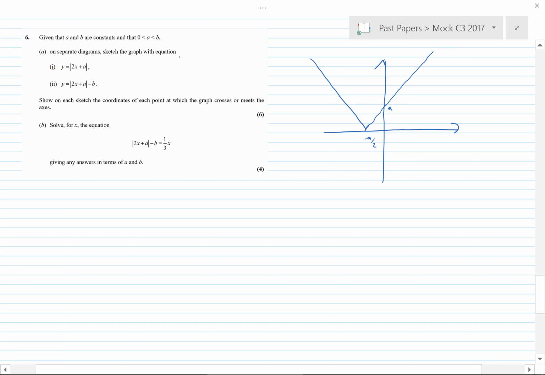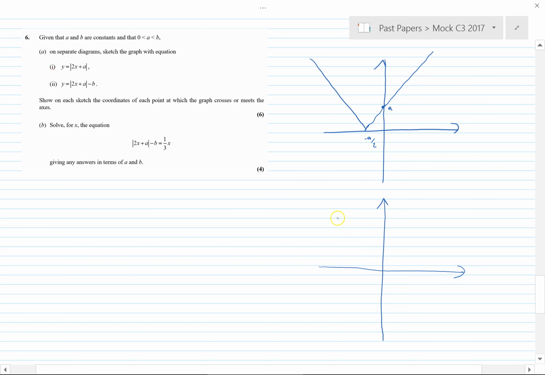The significance of that means that this must pass further down than the origin, because we know that b is greater than a, so it can't go through the origin and neither can it go above the origin. So we're going to have the sketch. That's not very straight. That's not very straight either, but it'd probably be all day if I do that.